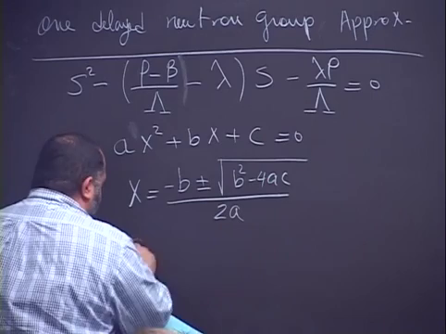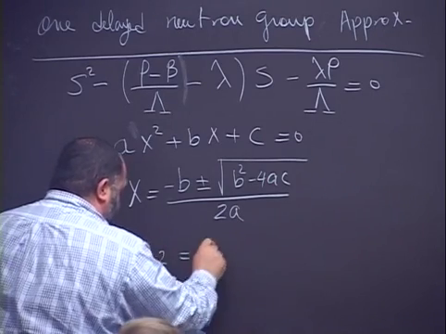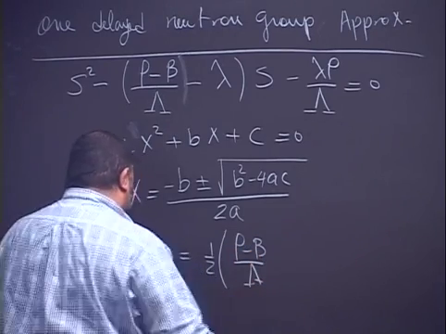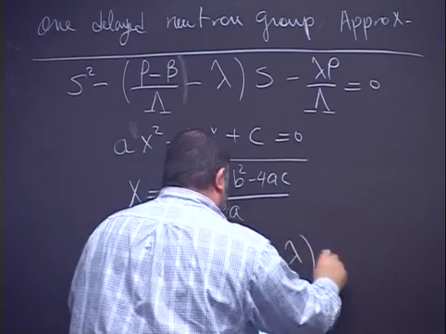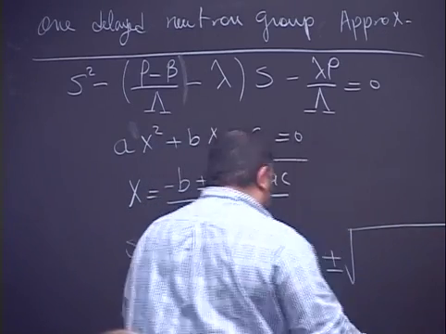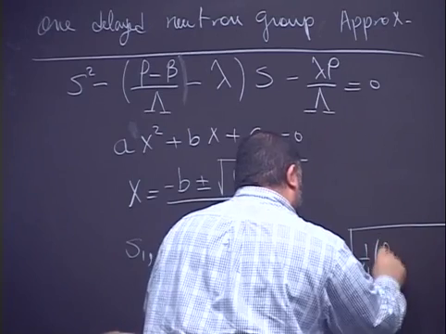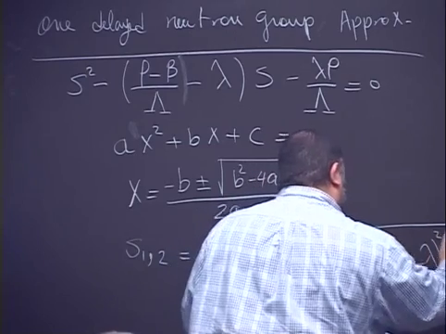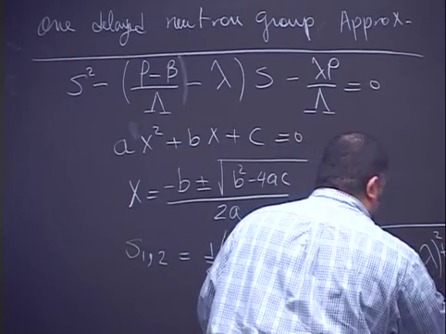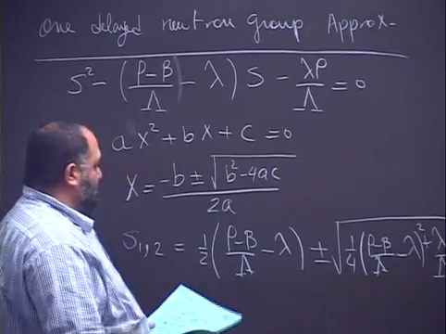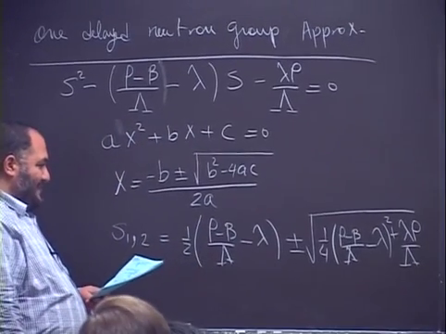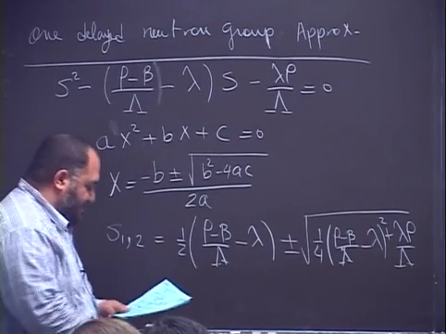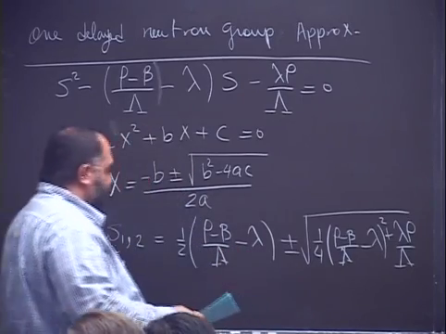And we showed that S1,2 is just given by 1/2 of (rho minus beta) divided by gamma minus lambda, plus or minus the square root of 1/4 of ((rho minus beta) over gamma minus lambda) all squared, plus lambda rho over gamma. Okay, guys, so those are the 2 roots.